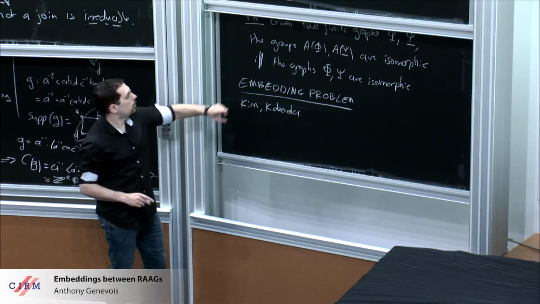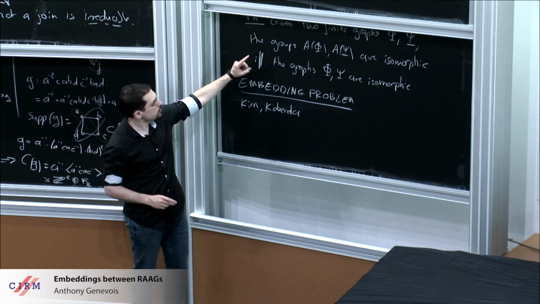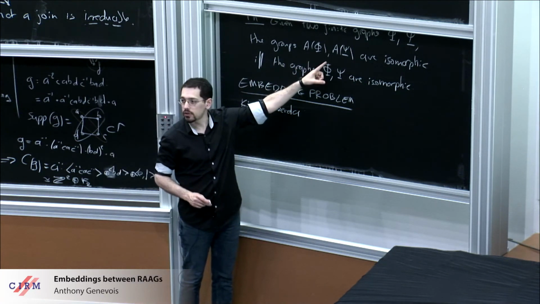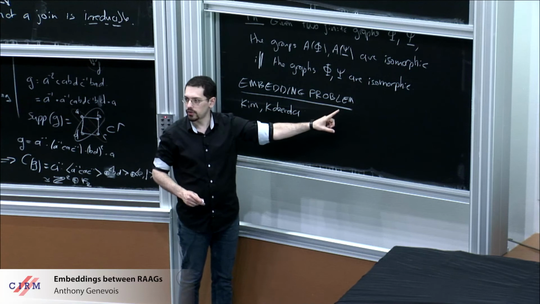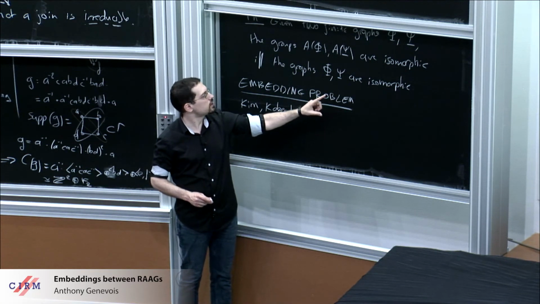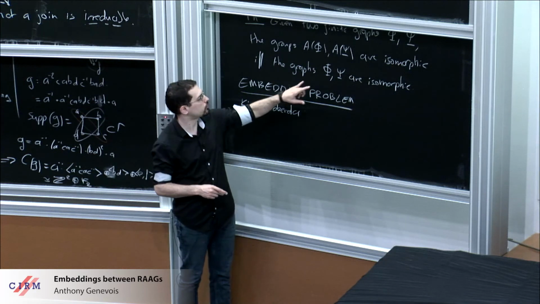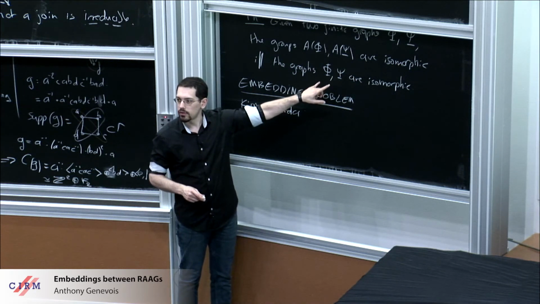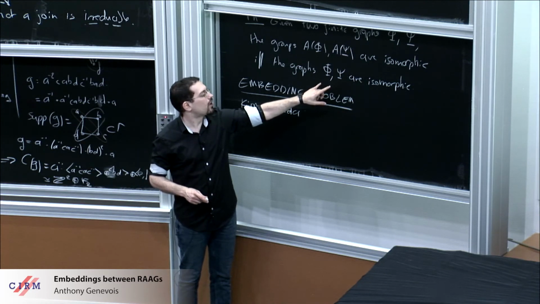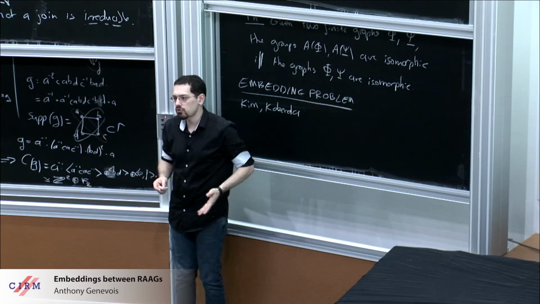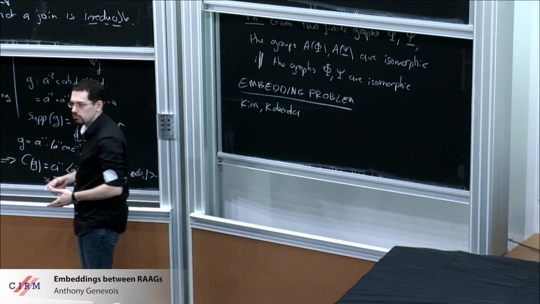One thing to notice is that if the groups are isomorphic, the algebras are isomorphic. And it's easier to work in the algebras, and you can prove that if the algebras are isomorphic, then the graphs are isomorphic. This is one possible proof. It's not obvious, you need some work, but it's not so difficult. You need a few pages to write all the details.